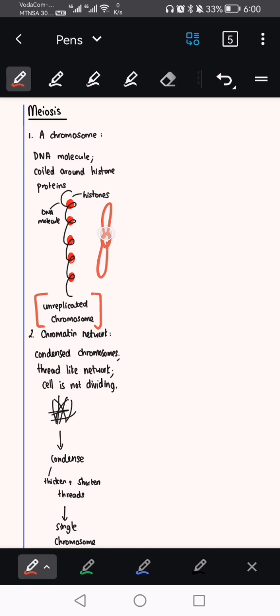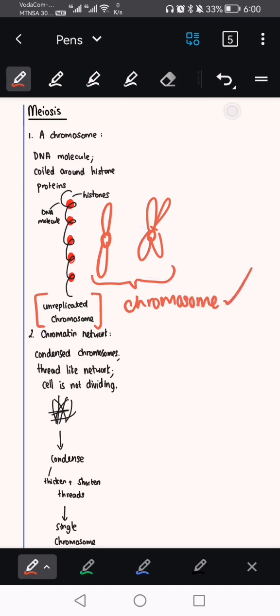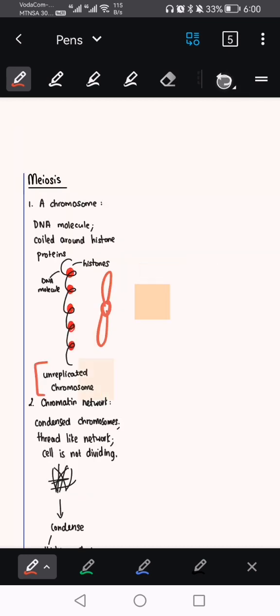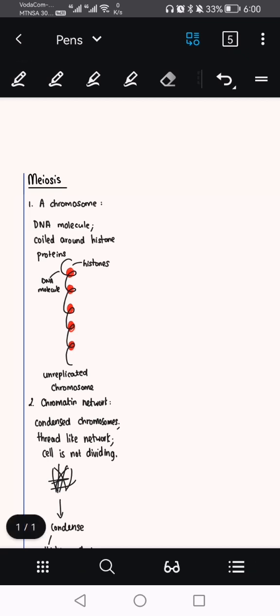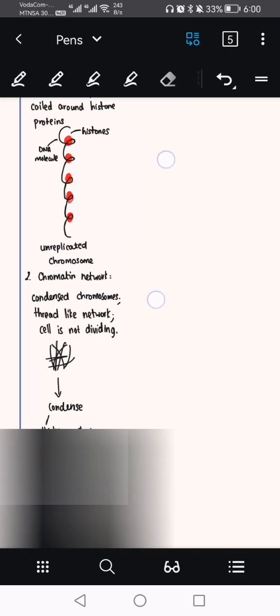For both unreplicated and replicated chromosomes, we can just use the term chromosome, and they will mark you correct. So don't use unreplicated and replicated. They do not accept that anymore. But I put it in here to just show you what is accepted and what is not accepted.